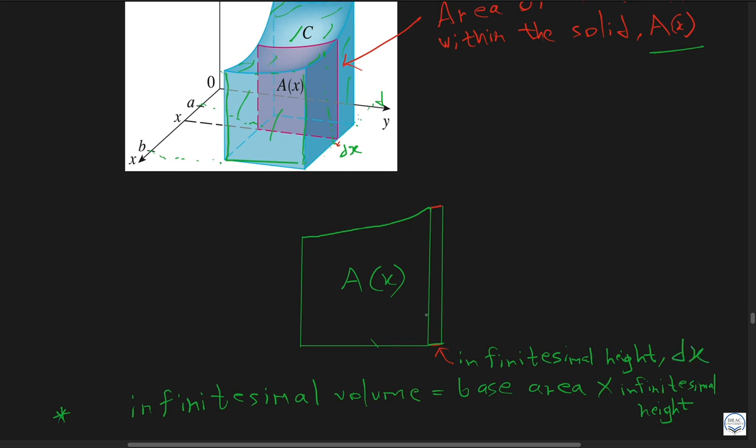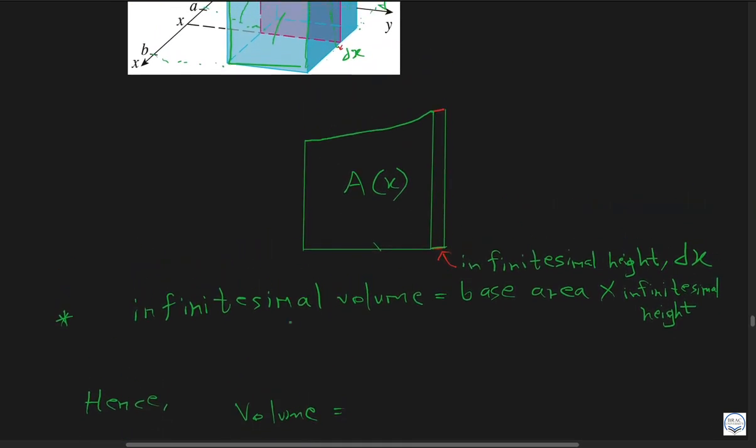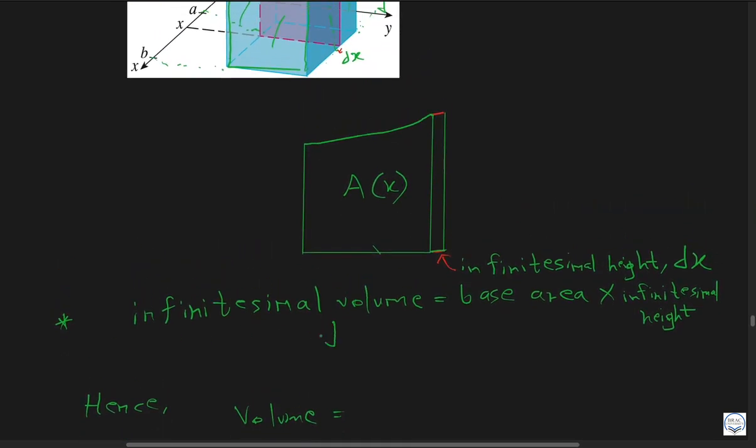And this infinitesimally small volume must be equal to the following. If V denotes volume, the infinitesimally small volume dV is equal to the base area, which is A of x, times the infinitesimal height, which is dx.